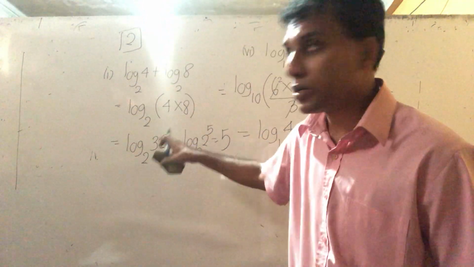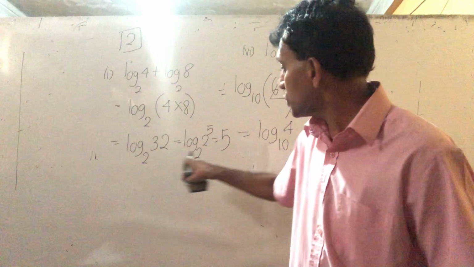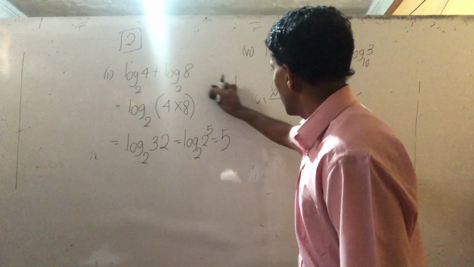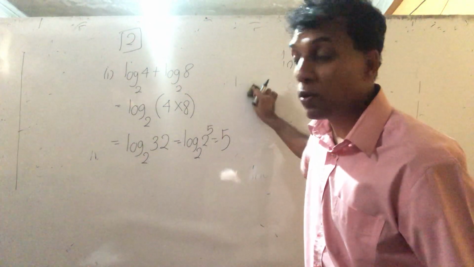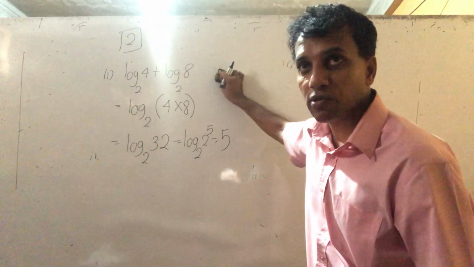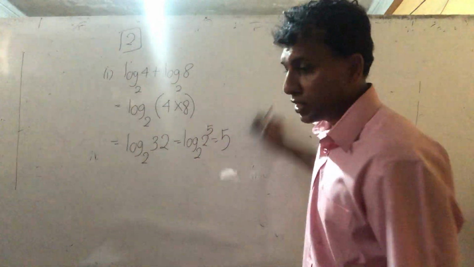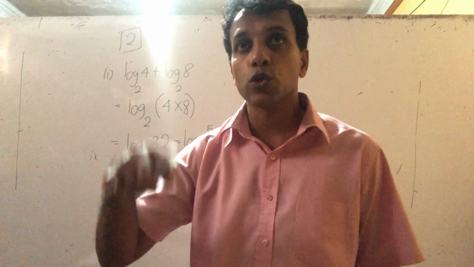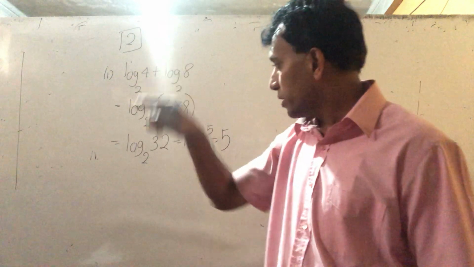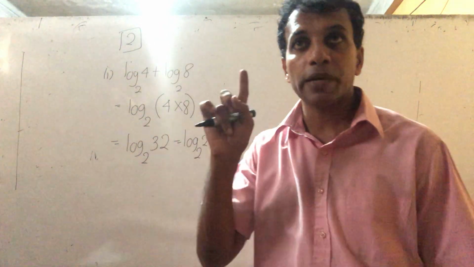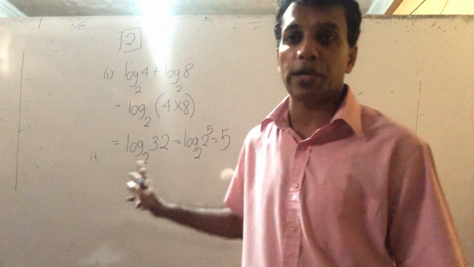So logarithm 32 to the base 2 is 5. You can see my previous video number 1. In video number 1 we worked on something like this, simplifying using conversion between indices and logarithms. There we worked such a problem. Logarithm 32 to the base 2 is 5.